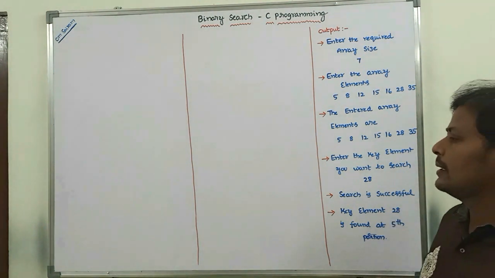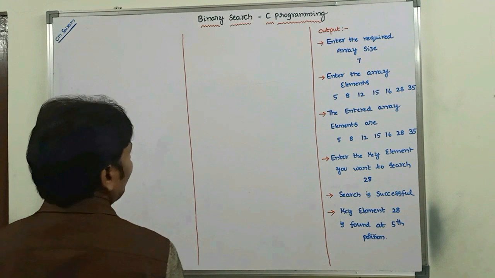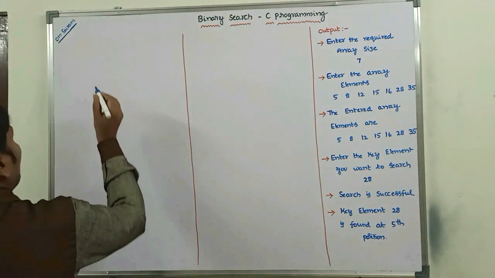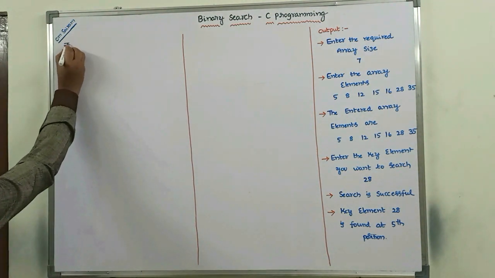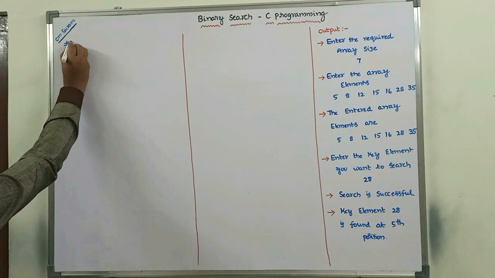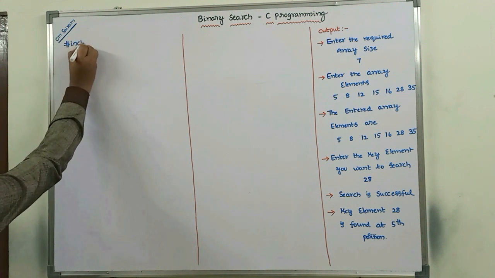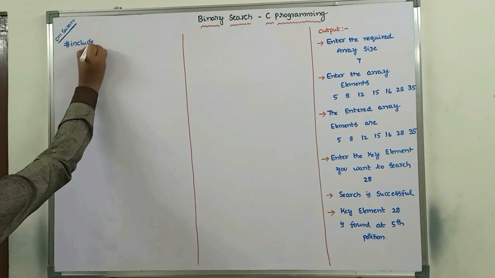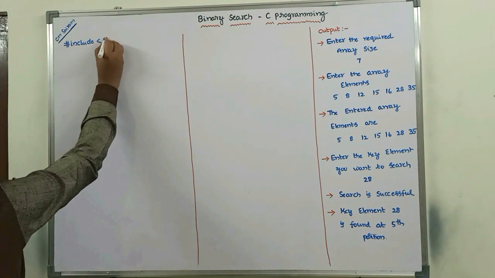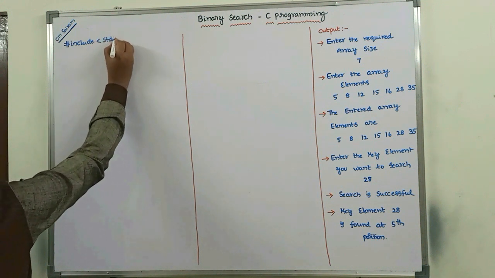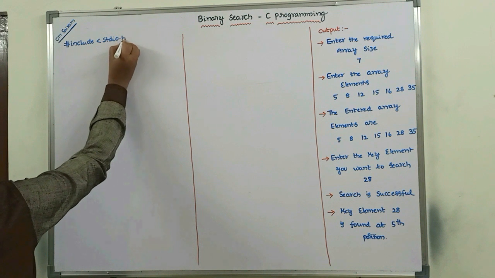Now we have to write the program. First, we have to write the header files. #include stdio.h, standard input output header file.